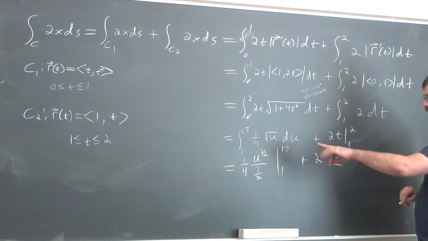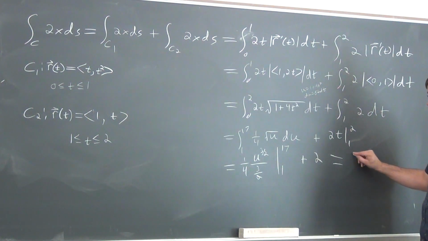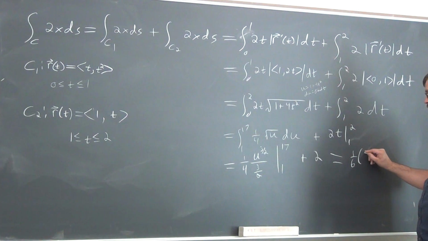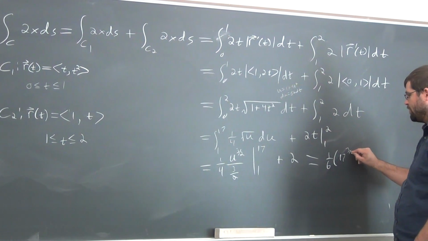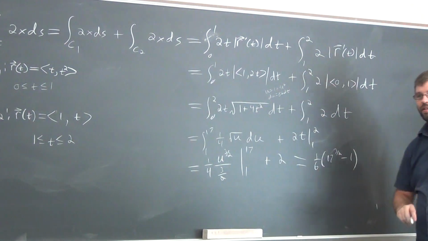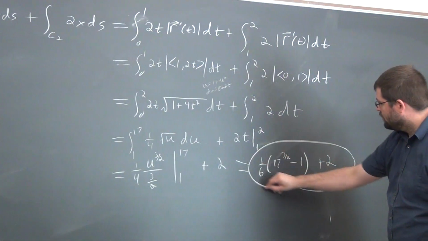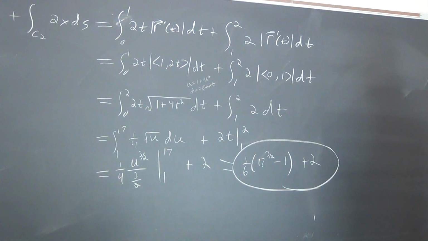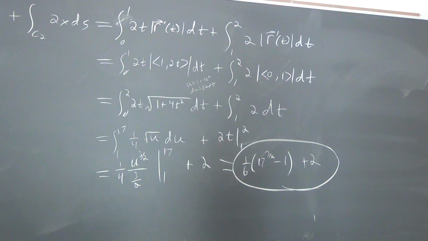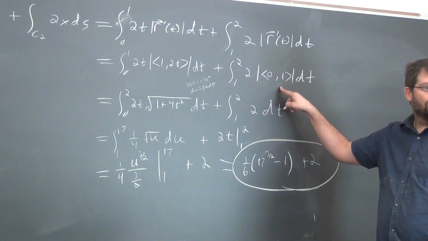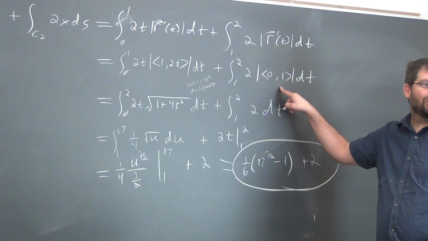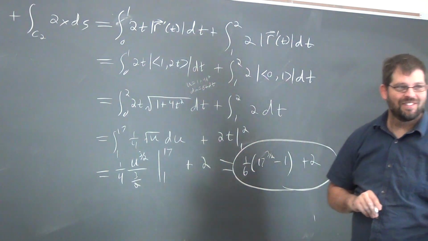So we end up with 1/6 times 17 to the 3/2 minus 1, which isn't anything particularly nice, and then plus 2. Is that okay? Shouldn't we have the square root of 1 over there? Yes, but what's the square root of 1? It's just 1. So that's okay.